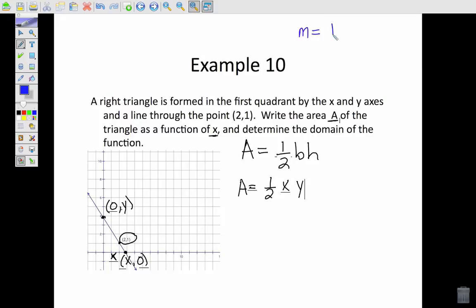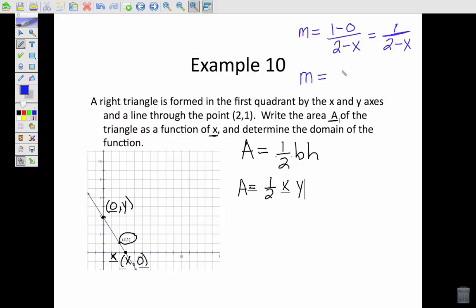So slope between (2, 1) and (x, 0). You do y minus 0, 1 minus 0, over 2 minus x. So this is 1 over 2 minus x. That's the slope. We have to get the y involved. Well, we can also find the slope between (0, y) and (2, 1).